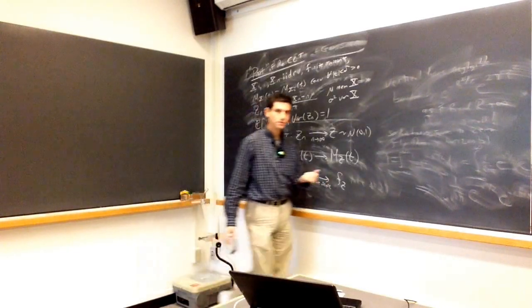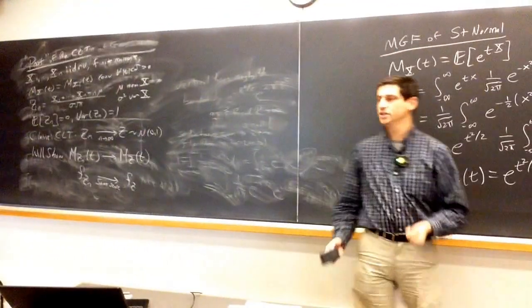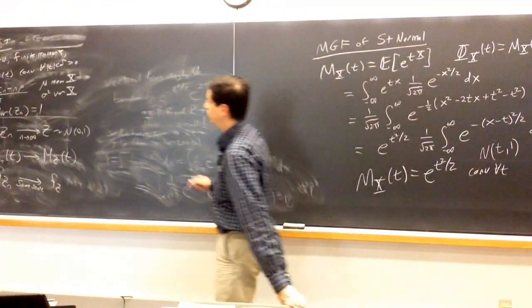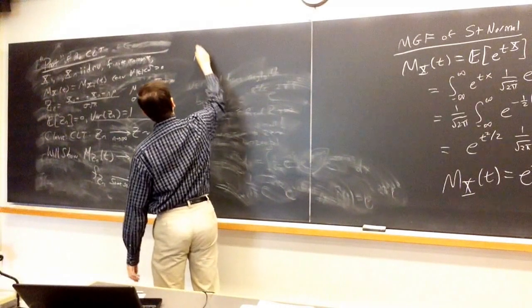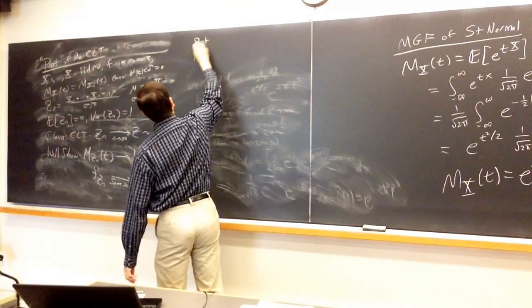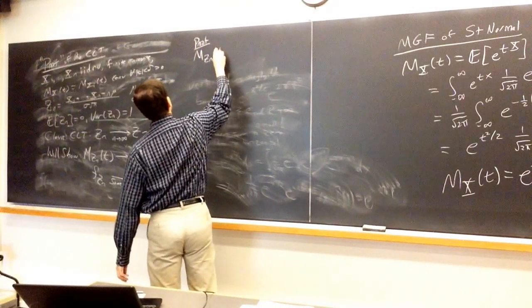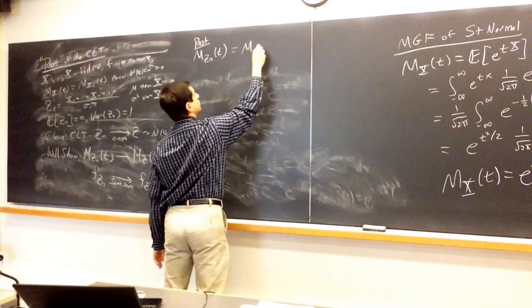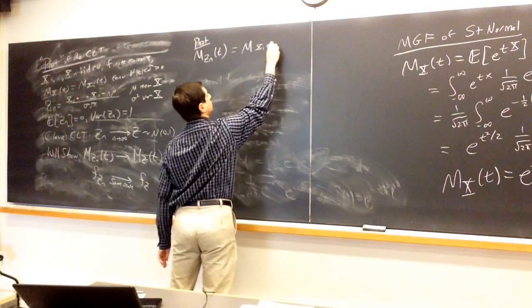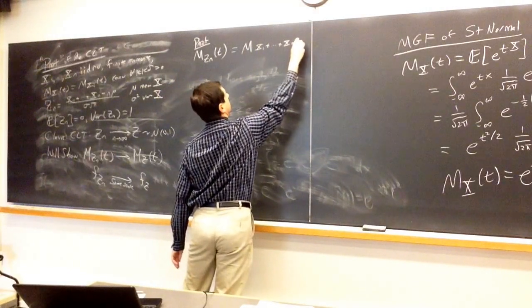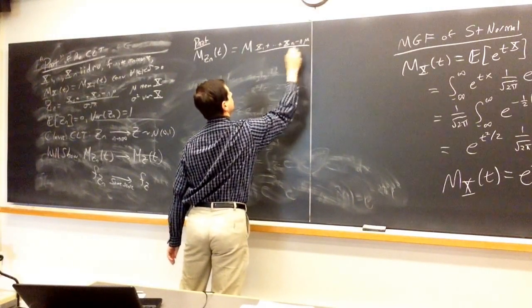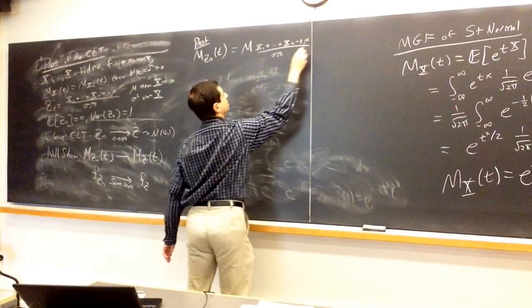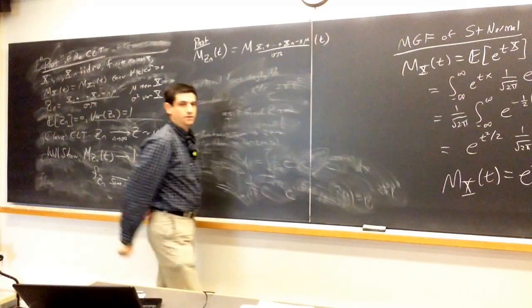Okay? All right. So let's start doing the proof. So we want to calculate the moment generating function of Zn of t. And this is going to be the moment generating function of x1 plus ... plus xn minus n times mu over sigma square root of n, at t.